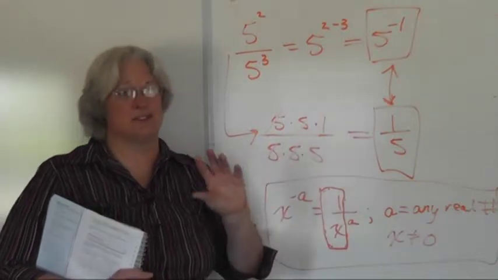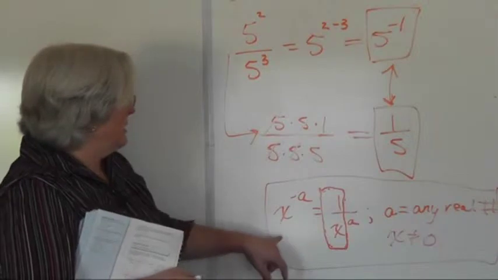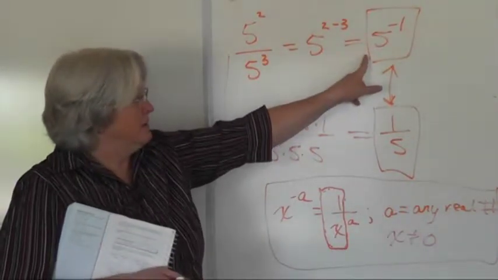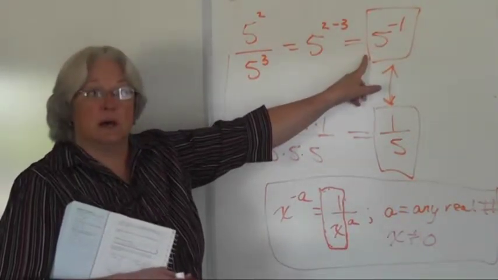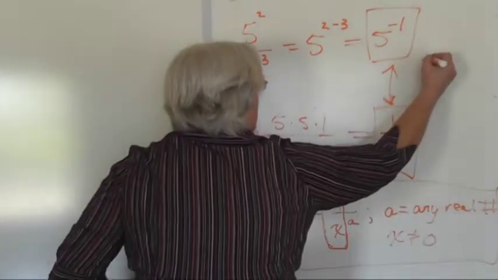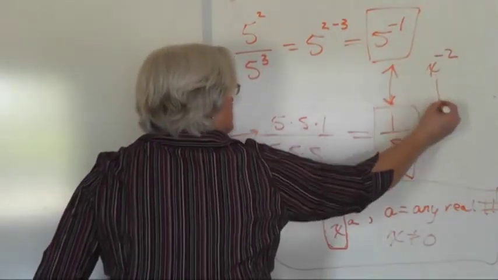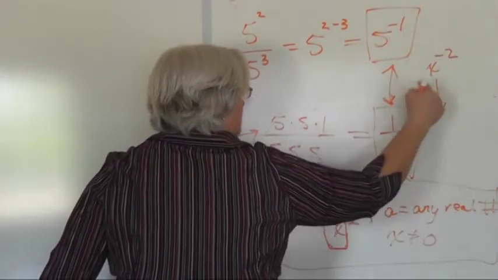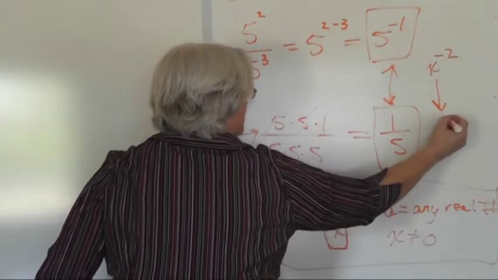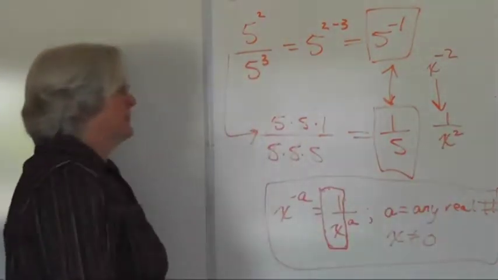And I know that's not real nice and neat and cleaned up, but either think that when you have a base raised to a negative power, like x to the minus 2, you're going to change that into the reciprocal. Well, it's 1 over x squared.